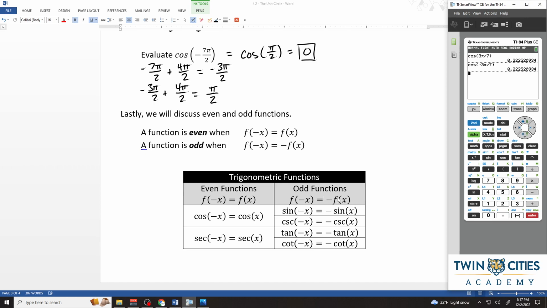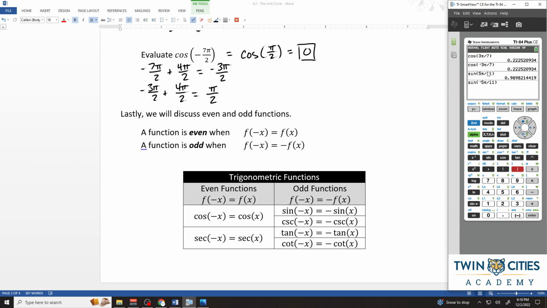However, odd functions, such as the first one here, the sine of x. Watch what happens when I do sine of, let's plug in something else. Let's do 5 pi over 11. Okay, so sine of 5 pi over 11 is 0.9898. All right, let's try now sine of negative 5 pi over 11.